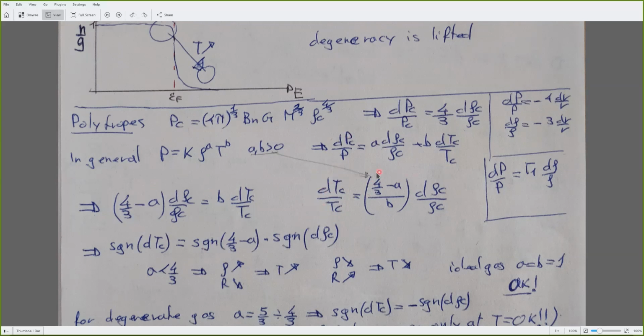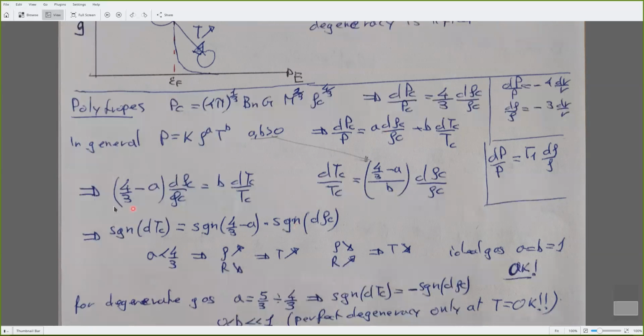In the end we have that the variation in temperature is proportional to the variation in central density, by this constant. Since A and B are positive, the sign of the variation is connected this way. So if A is less than 4/3, this is positive.